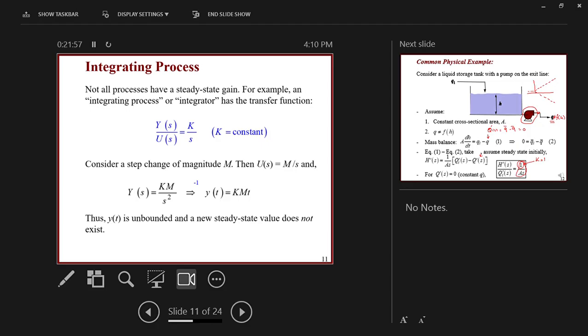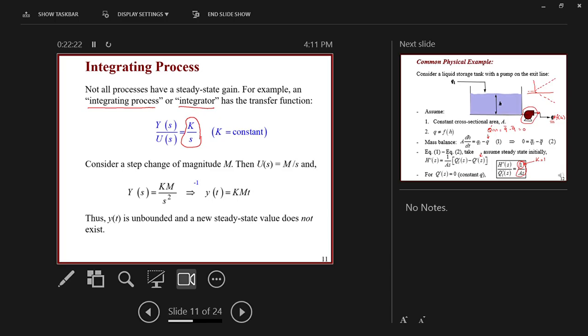These integrating processes, or integrators for short, have the transfer function of K over s. If you remember, this is different from the first order process, where we don't have a tau here. And actually this is not a steady state gain anymore, because it doesn't have a steady state.